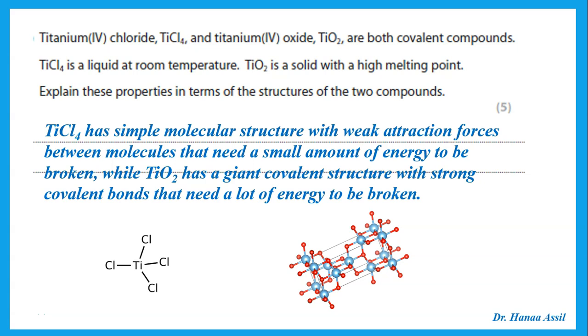So TiCl4 is a simple molecular structure with weak attraction forces between molecules, because the melting point is low. This needs a small amount of energy to be broken. TiO2 has a high melting point, which means it is a giant covalent structure with strong covalent bonds that need a lot of energy to be broken.